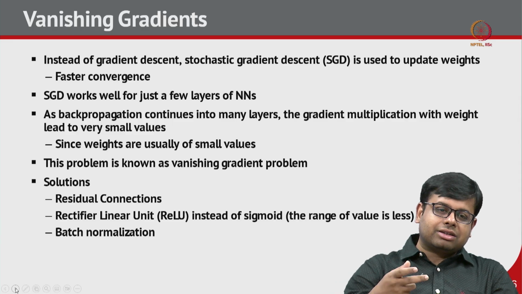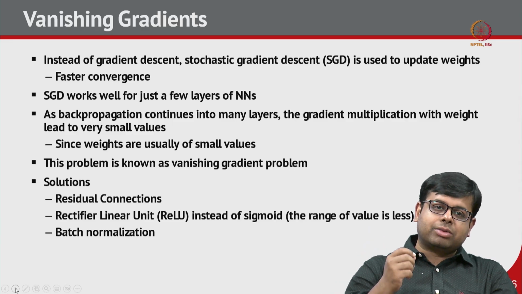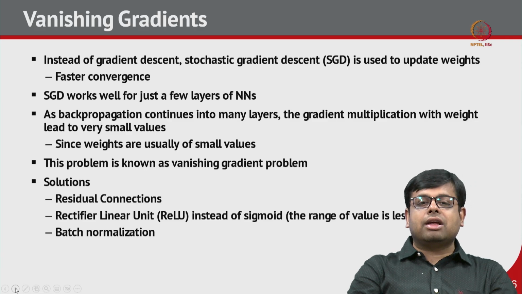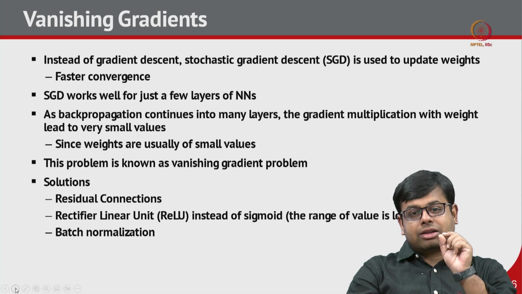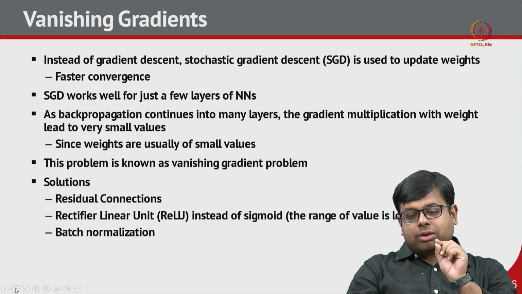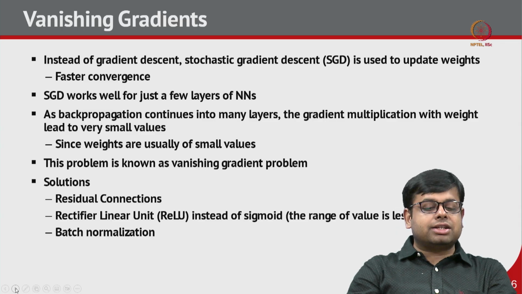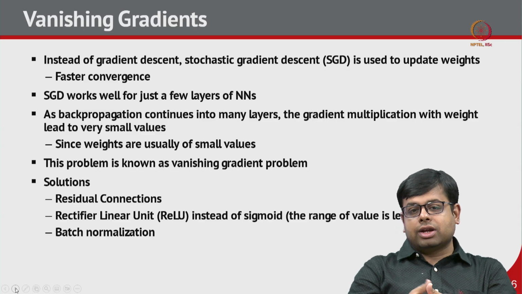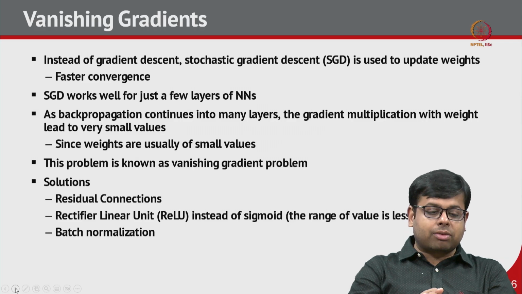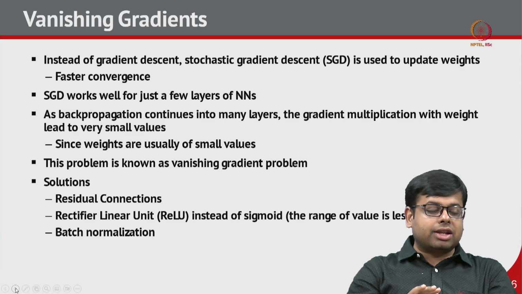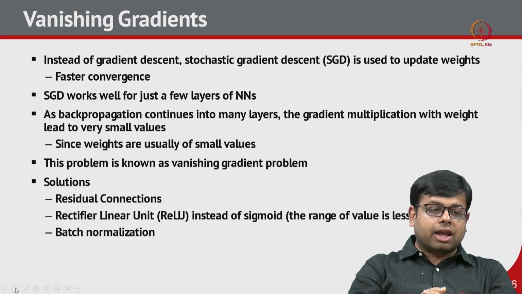That is basically the update in the weight for the very first layer. So that update will be very small, right. That means the gradient is vanishing when we are reaching the initial layer. This problem is known as the vanishing gradient problem, which is a very common problem in any ML training.